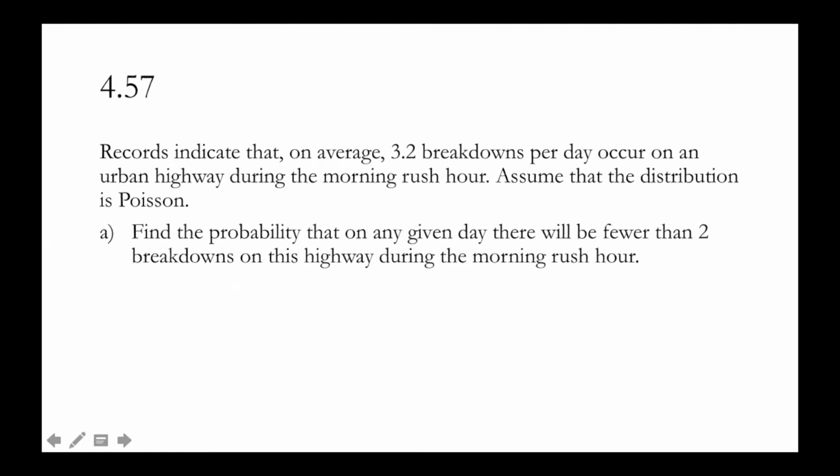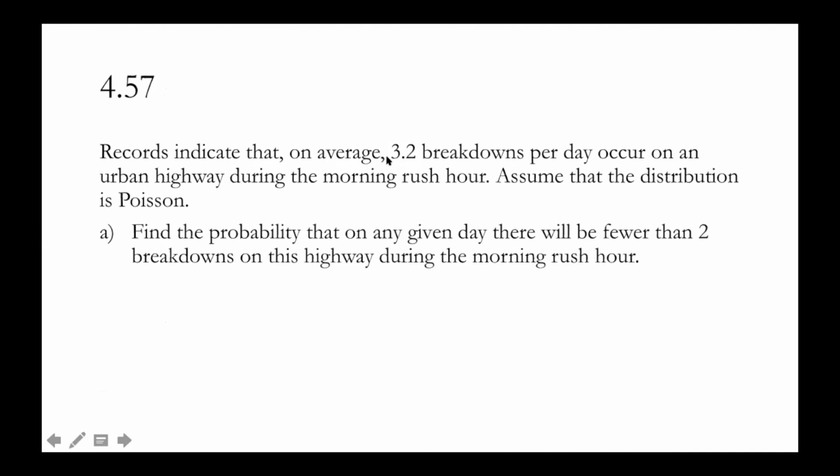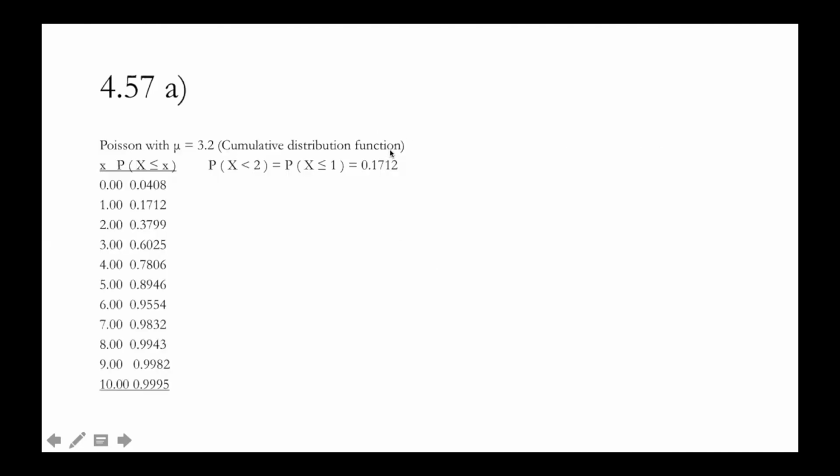Records indicate that on average, 3.2 breakdowns per day occur on an urban highway during the morning rush hour. Assume that the distribution is Poisson. Find the probability that on any given day, there will be fewer than 2 breakdowns on this highway during the morning rush hour. So here we want to have the cumulative probability distribution. And we use Poisson because we know that the mean is 3.2 breakdowns.